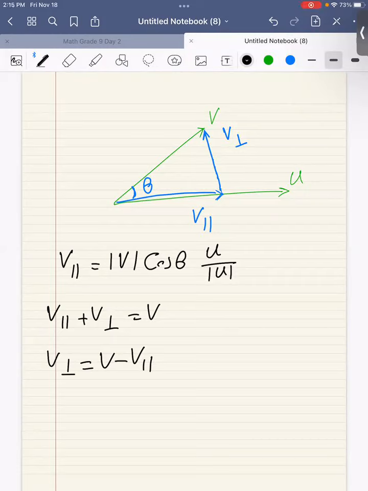So let me do just some examples, just to understand this concept better. So imagine, let me just give you two vectors.